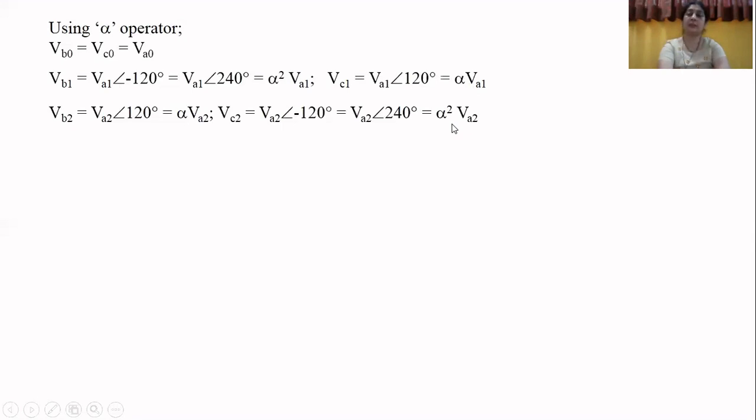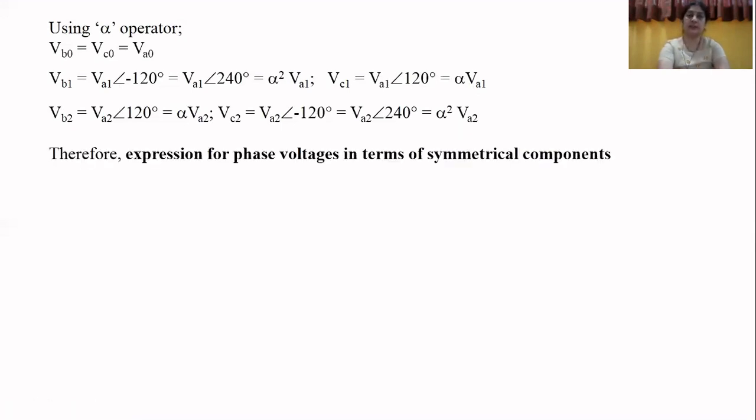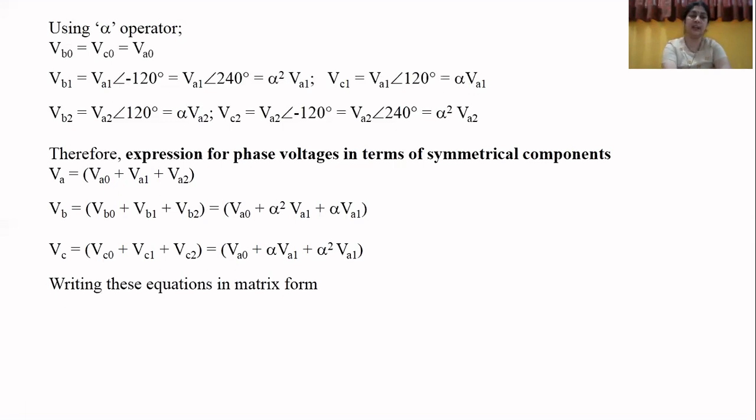Then how does the expression for the voltages of the unbalanced phasors change? The phase voltages can be expressed in terms of symmetrical components. VA, which we know as VA0 plus VA1 plus VA2, continues because we are referring everything with respect to phase A. When it comes to phase B, VB is VB0 plus VB1 plus VB2.